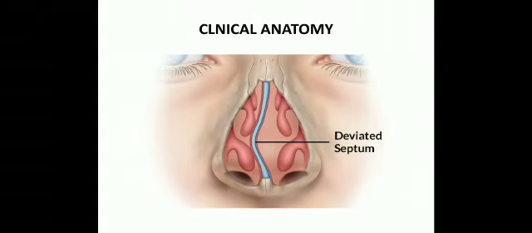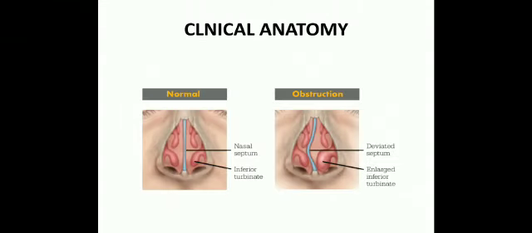Clinical anatomy: deviated nasal septum. Usually the nasal septum is present at the center, dividing the nose into 2 equal halves, as we observe in the normal picture.